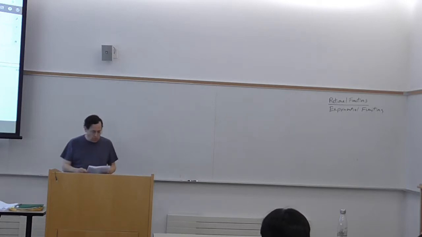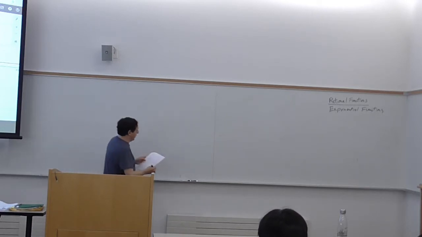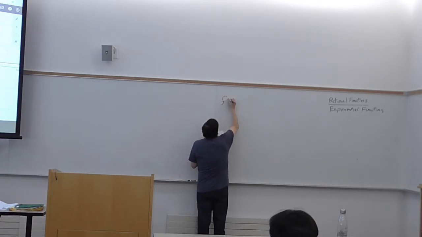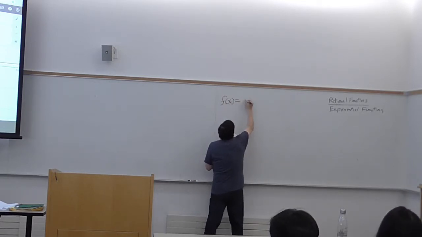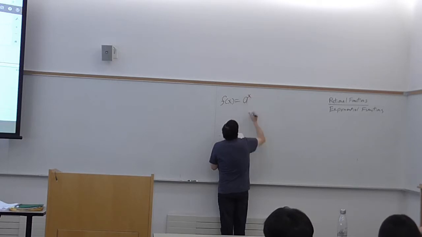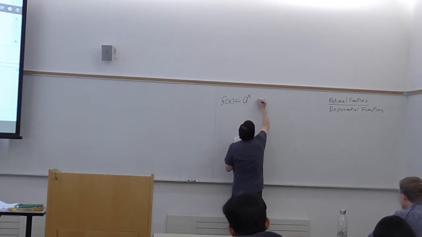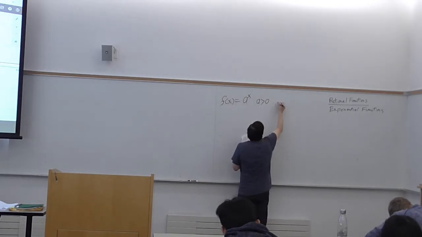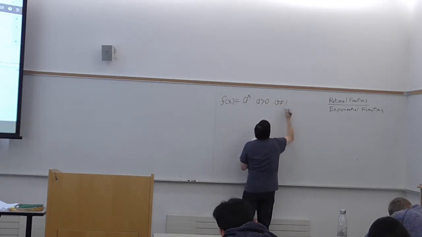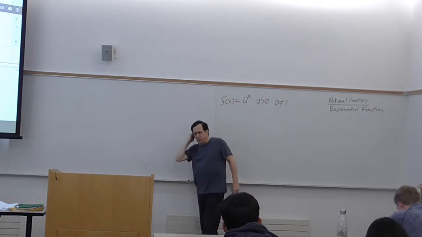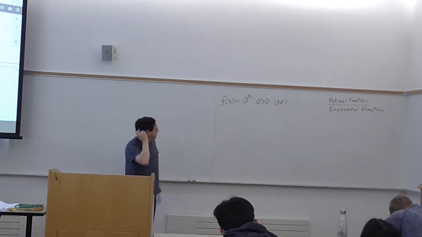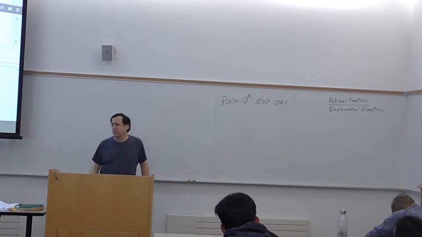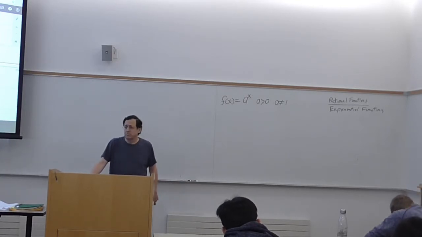Okay. All right. What is an exponential function? An exponential function is a function in the form a to the x, where a is greater than 0, and also a is not equal to 1. You could have a function f of x equal 1 to the x, but that would not be a very interesting function.